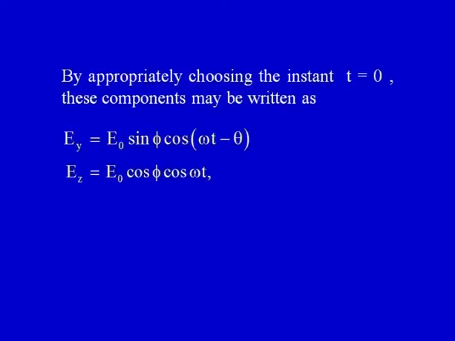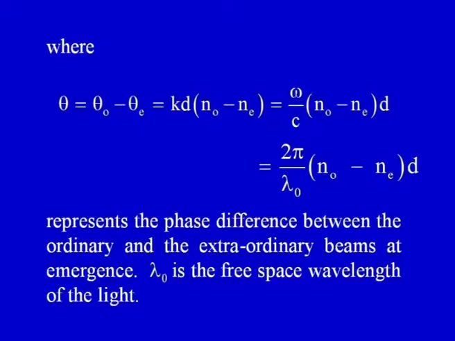E y equal to E naught sin phi cos of (omega t minus theta) and E z equal to E naught cos phi cos omega t, where theta is the difference theta o minus theta e, which is equal to k d times (n o minus n e), which is equal to omega by c times (n o minus n e) times d, which is equal to 2 pi by lambda naught times (n e minus n o) times d.